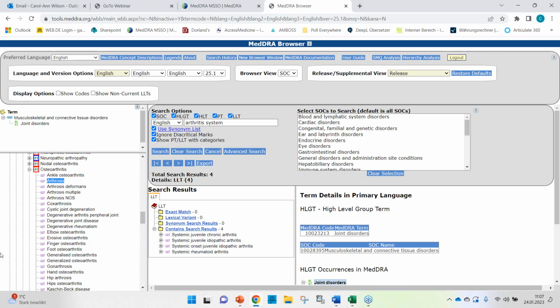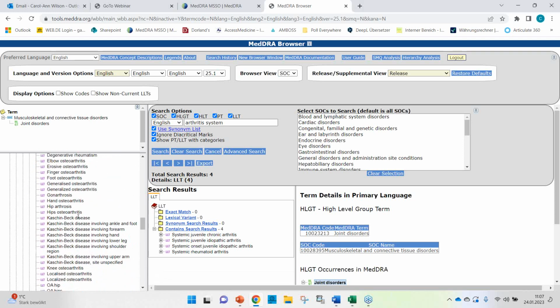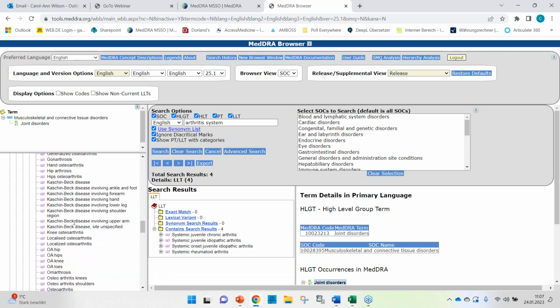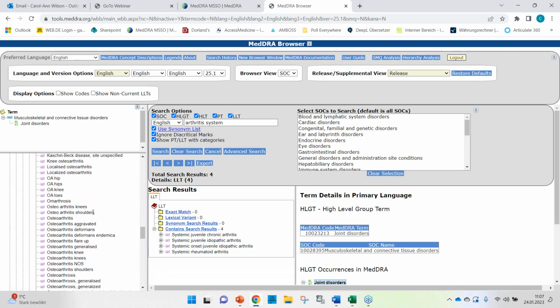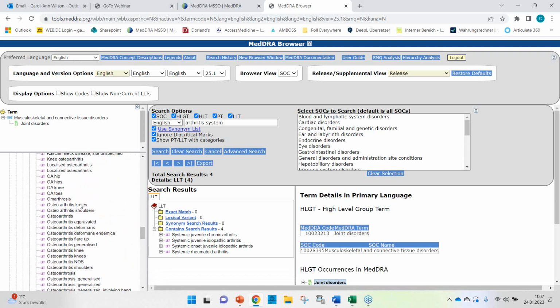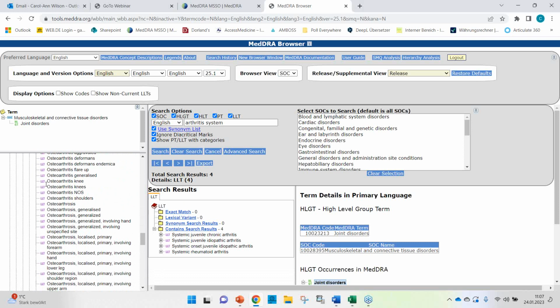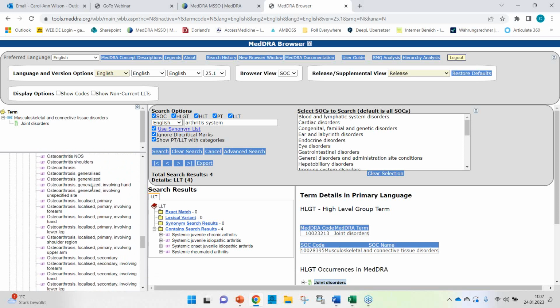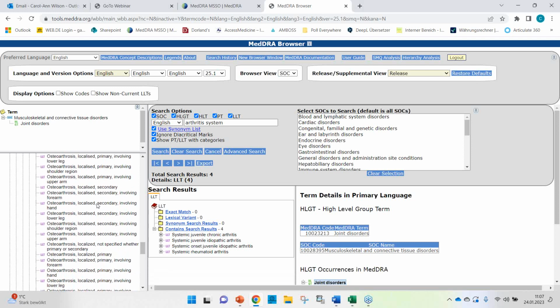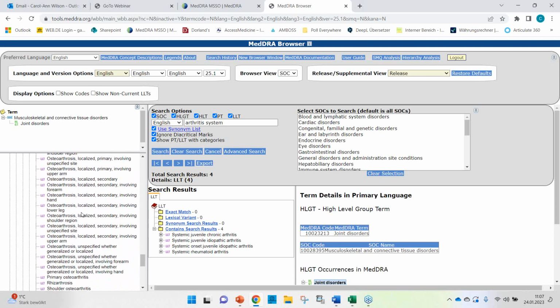So, do I have any term here about laterality? We have different localizations: hand, hip, erosive, elbow, localized osteoarthritis, hip, knee, toes, anything you want, knee and knees, so singular and plural are captured, but there's also lower leg, upper arm.